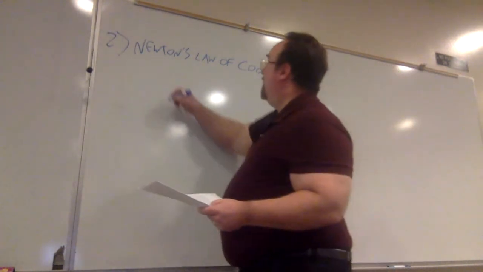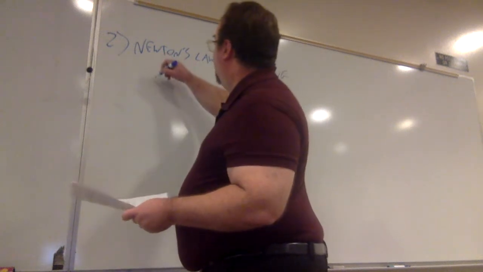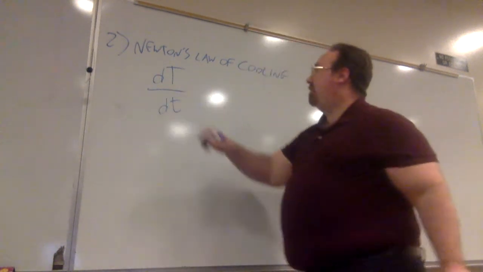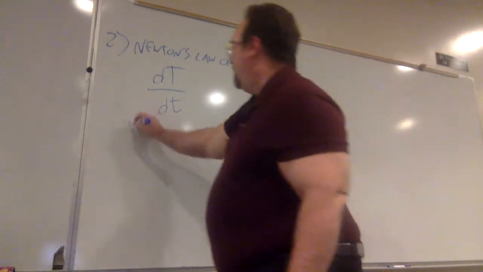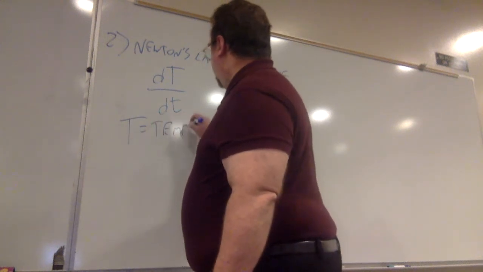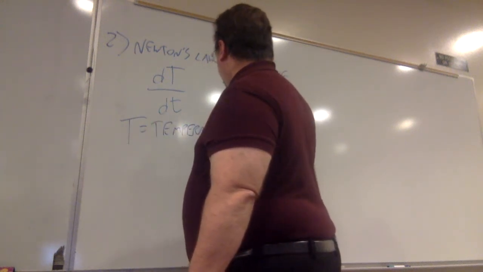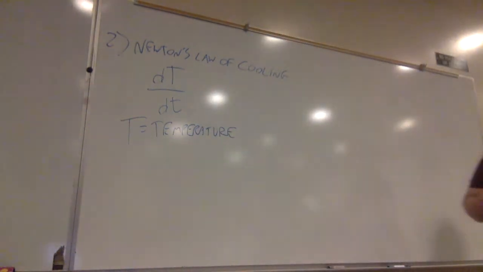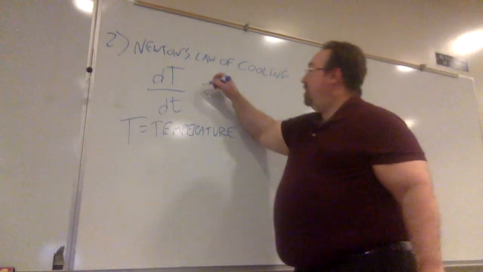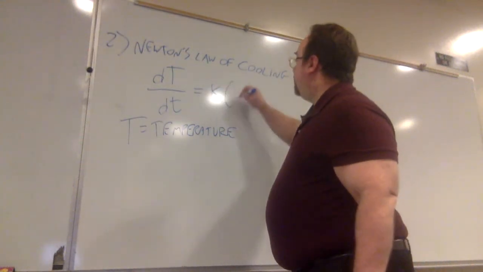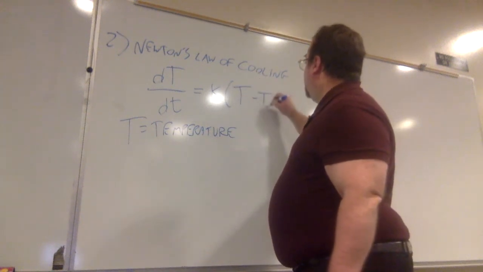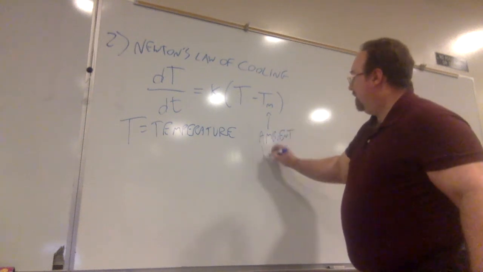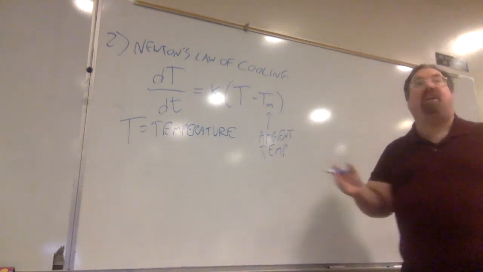Okay, so Newton's law of cooling. If capital T refers to the temperature, and lowercase t, of course, refers to time, then Newton's law of cooling states that the change in temperature with respect to time is proportional to the difference between that temperature and T sub m, which I use to refer to the surrounding temperature, the ambient temperature.